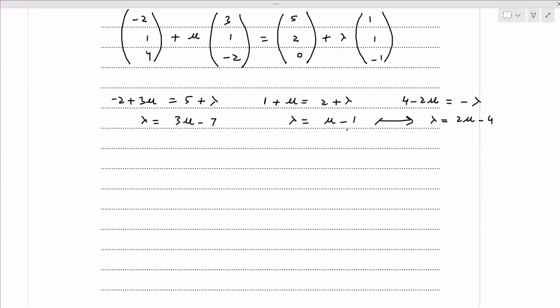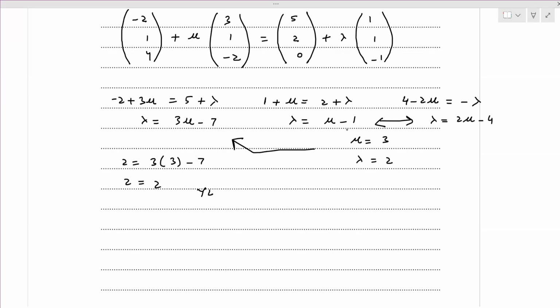Solve them simultaneously and get the value of lambda and mu. So the mu is 3 and lambda is 2. Replace in the third equation the value of mu and lambda. So 2 is equal to 3 times 3 minus 7, which is 9 minus 7, 2.